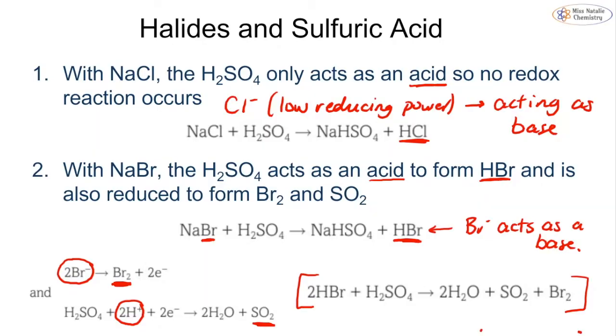So we're having the bromide acting as 2 different substances, acting as a base and acting as a reducing agent, and we have the H2SO4 acting as an acid and an oxidizing agent, just depending on which part of the reaction is taking place.